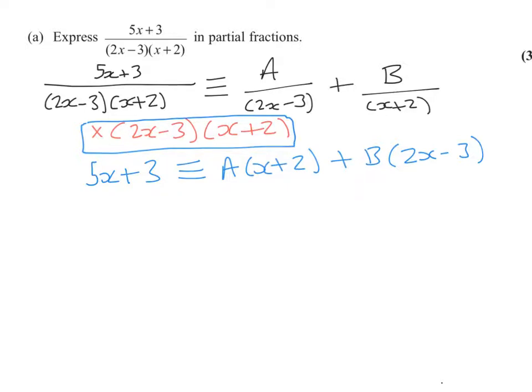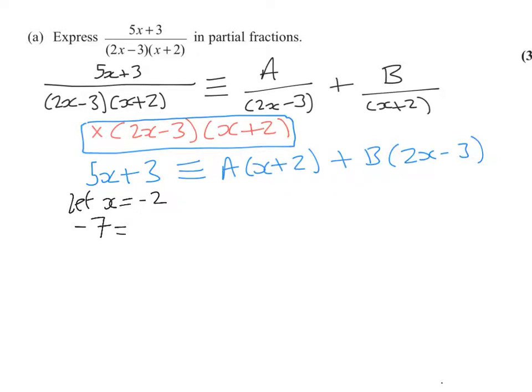Now, the next bit, we're going to try a bit of substitution. I want to get rid of a, so I'm going to let x equal negative 2. Well, what that does is 5x plus 3 becomes negative 7. 5 times negative 2, negative 10 plus 3 is negative 7.